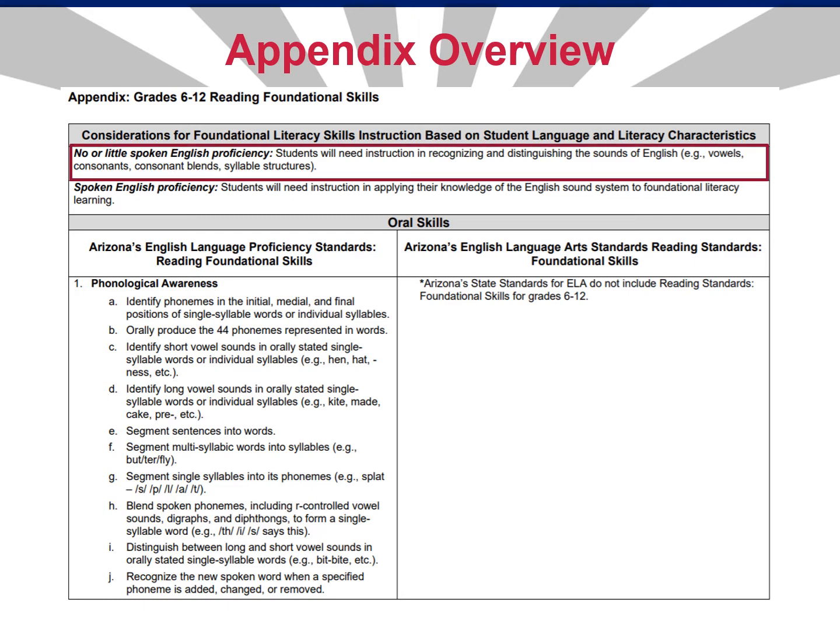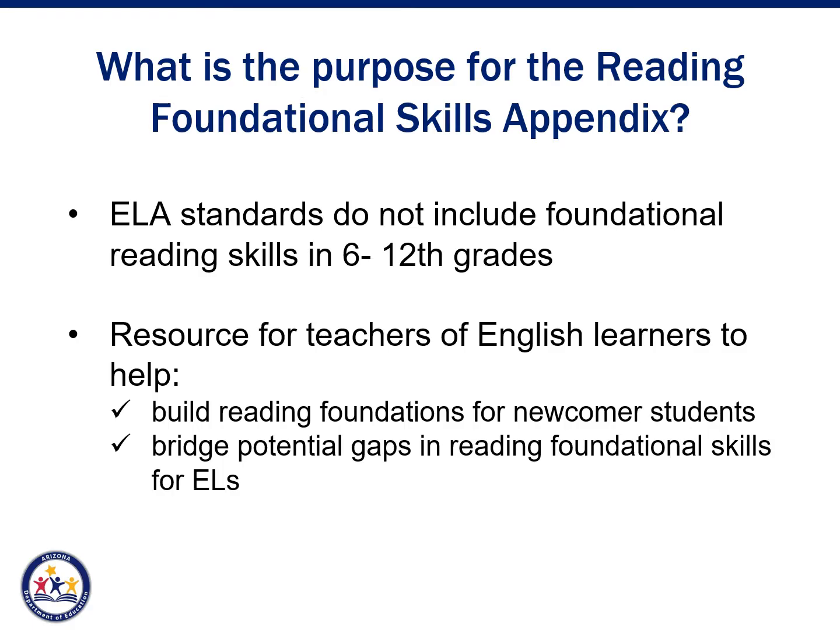The top of the document contains some considerations for those students with no or little spoken English proficiency. It also lists considerations for students with some spoken English proficiency. All students, including those in the upper grades, need a strong base of foundational skills in order to push through to a more complete understanding of printed text.